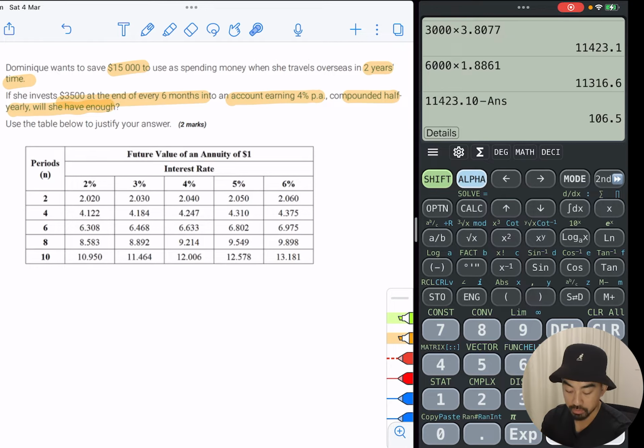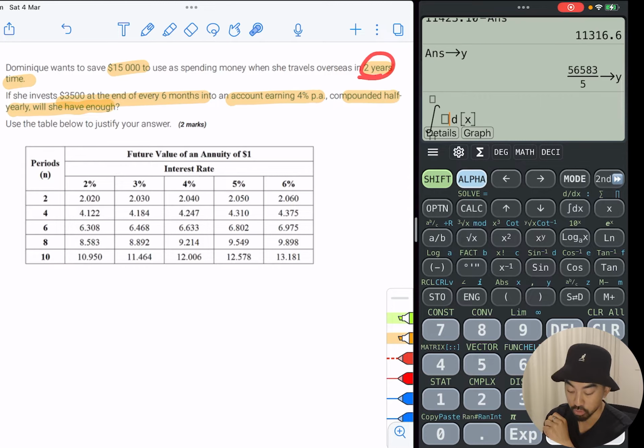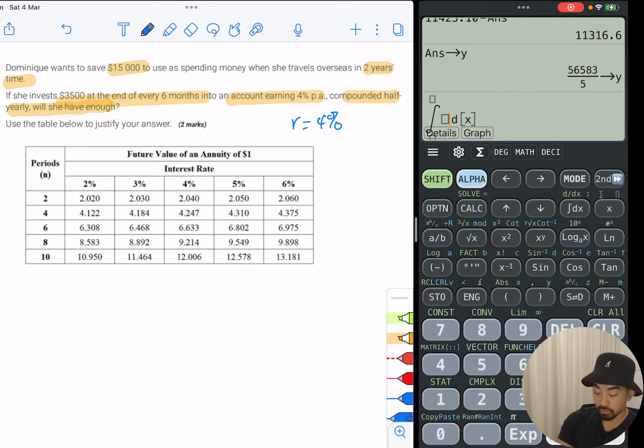Okay, and obviously change however many years she's trying to get there. So 2 years is going to be, let's just write this down. So rate 4% divided by 2, because every 6 months, that's 2%. Our N is 2 years times every 6 months, which is times 2, so that's 4. So our rate's 2% and our period's 4, so our interest factor is 4.122.